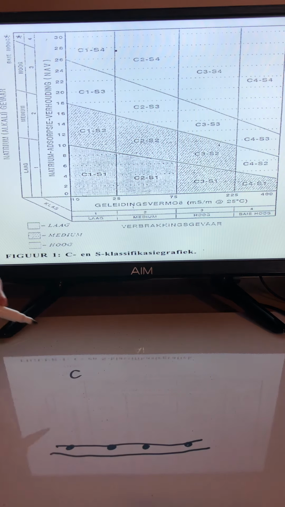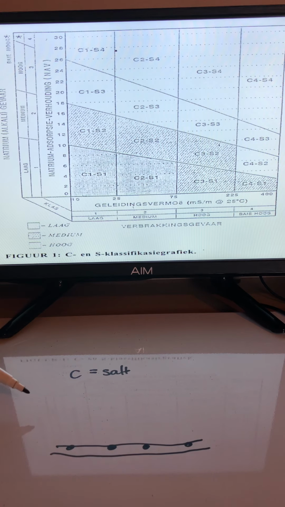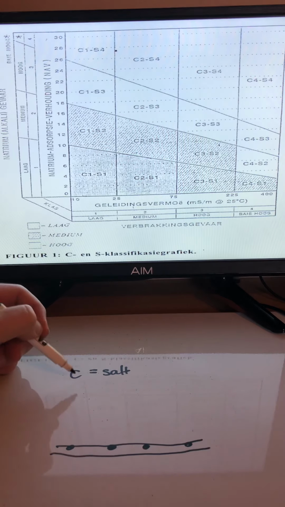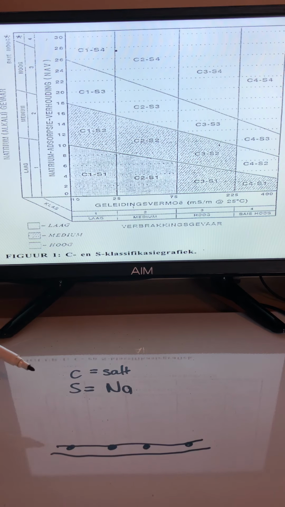So C refers to the salt content of the water. So if you have a high salt content, the C value gets higher, so your point will move in that direction, and the S value refers to sodium content. So higher sodium content in your water, you'll move up the y-axis, and that's how you can easily pinpoint what kind of water you have for irrigation.